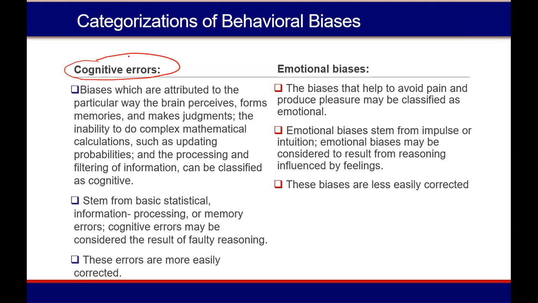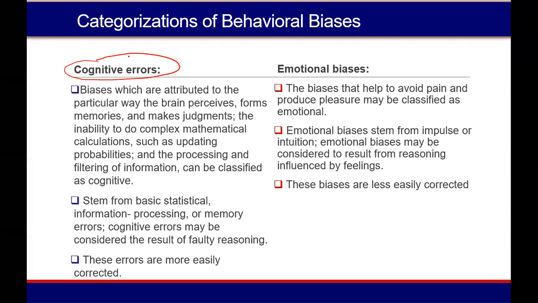And these forces sometimes influence us to make decisions, and we see those decisions are different from the optimal decision. So that's why those forces are known as cognitive errors.